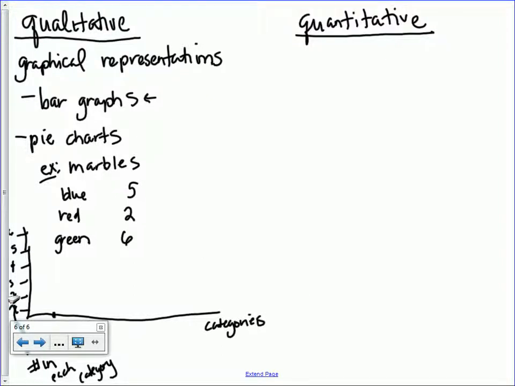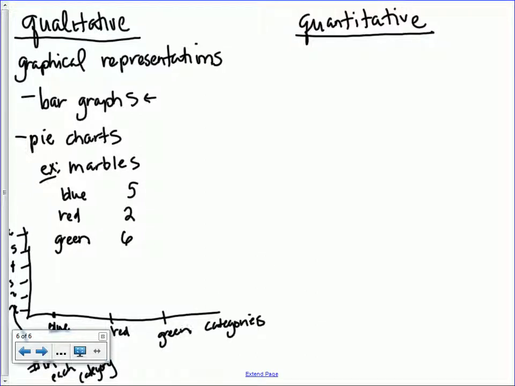So here we have blue, and here we have red, and here we have green. Well, then the bar chart would be 5 blues, how many reds? There's 2 reds, and greens there was up at 6.